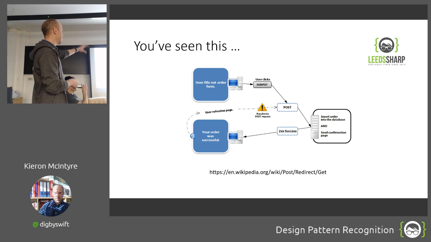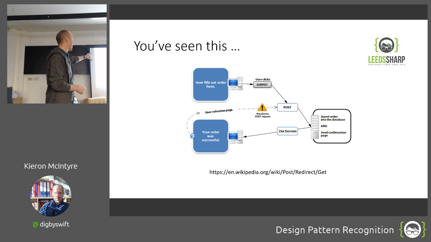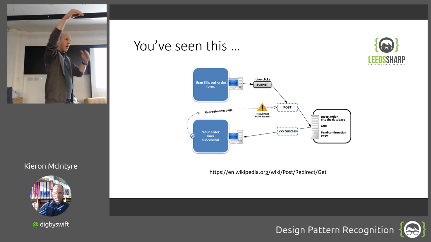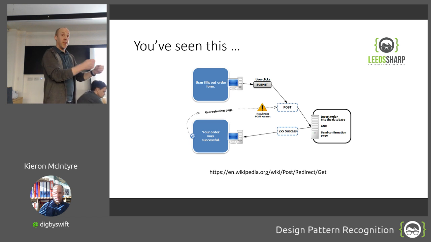So this is just a diagram that I pulled from Wikipedia, which perfectly explains it. The user submits it. A post is submitted to the server, and ordinarily a 200 success response is sent back to the browser, which means that the user can just refresh the page and essentially just redo the post.